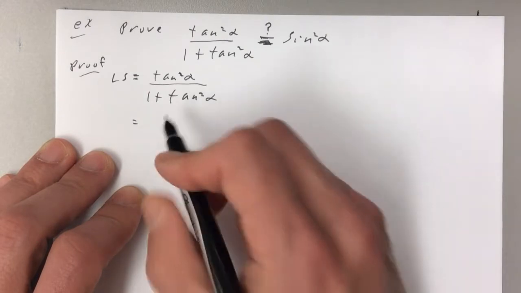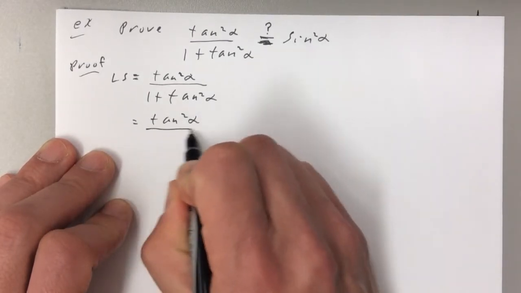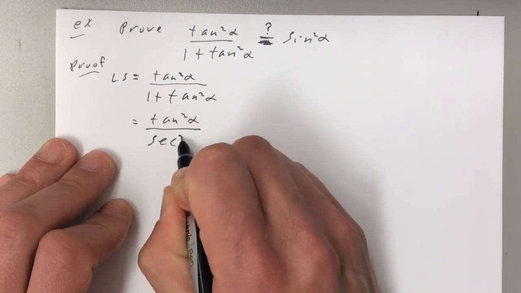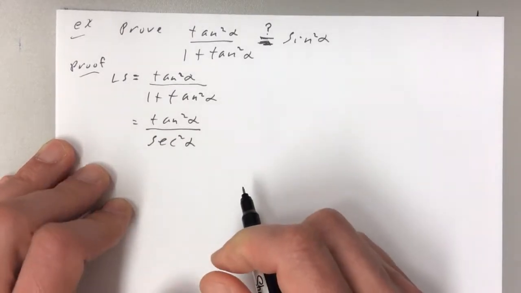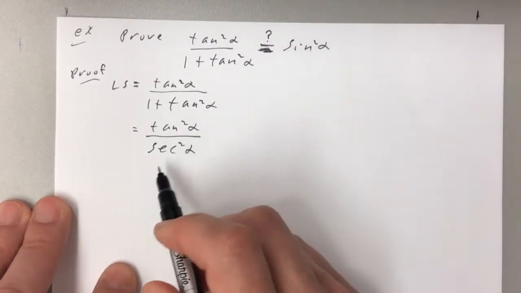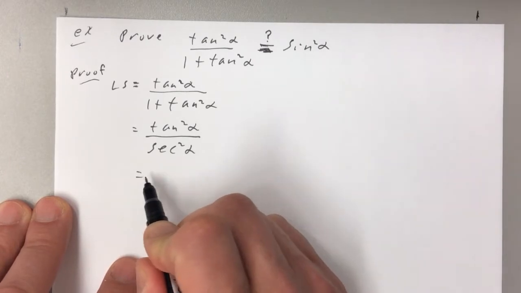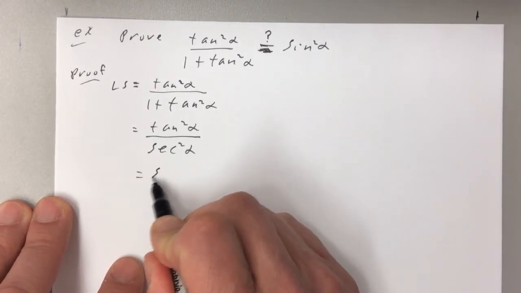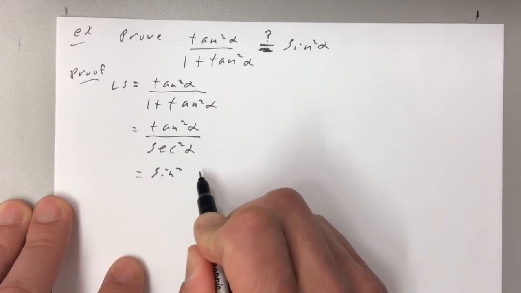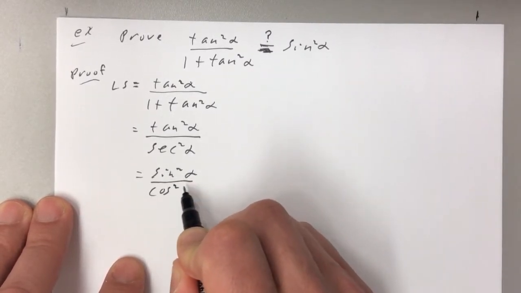Okay. So tan squared alpha over secant squared alpha. Okay. And we could change these around. Okay, so tan squared alpha, well, that just equals sine squared alpha over cosine squared alpha.